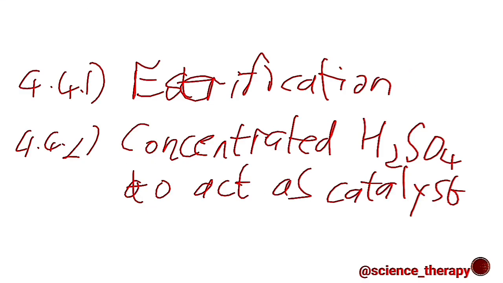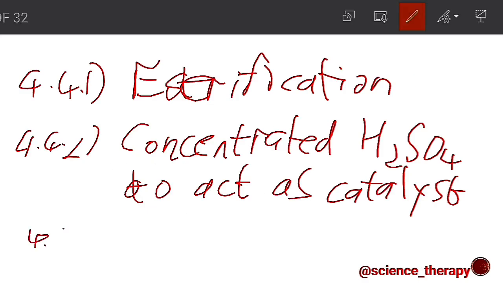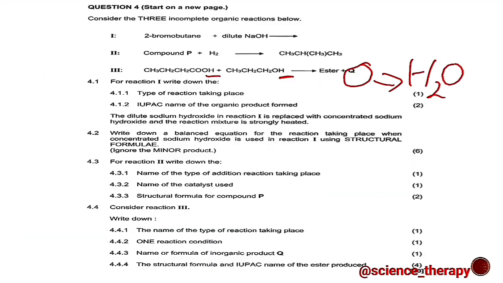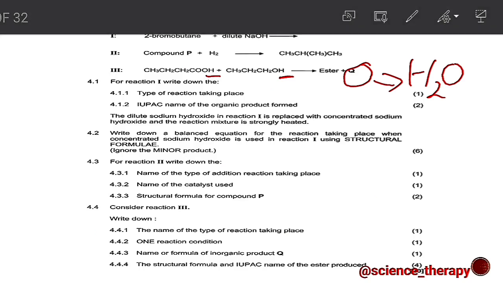So name or formula, we have 4.4.3, it's H2O, or you can just write water because they said name or formula. Now for the last one, we have the structural formula and IUPAC name of the ester produced.